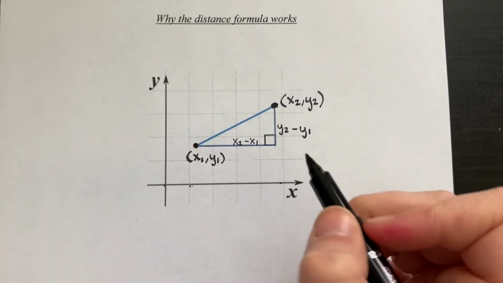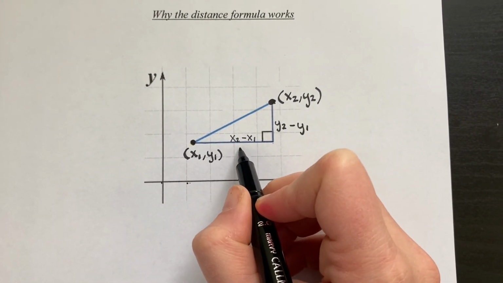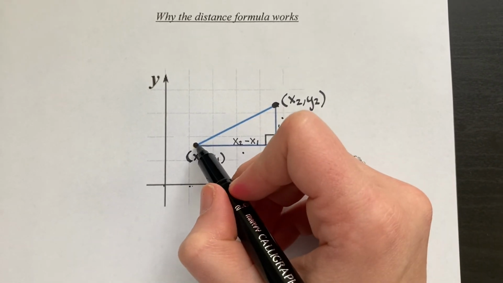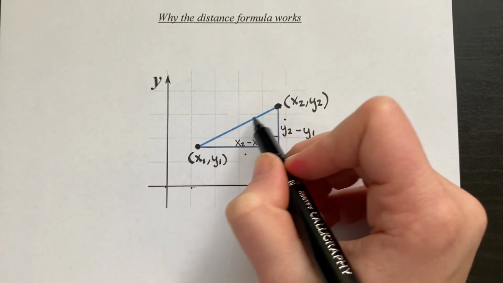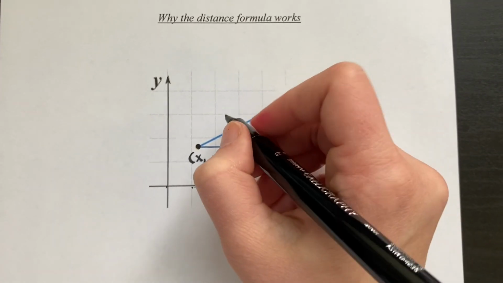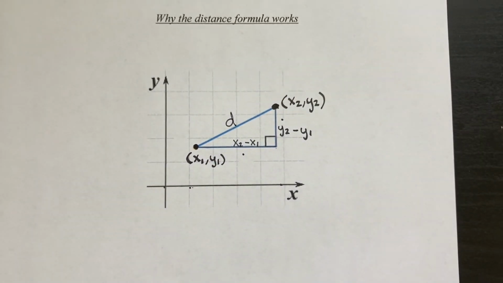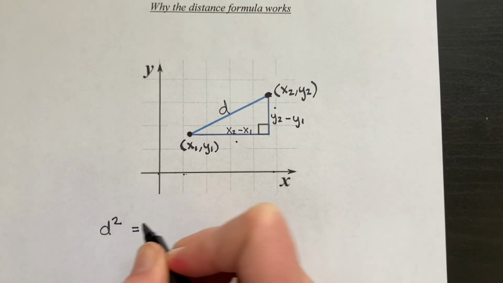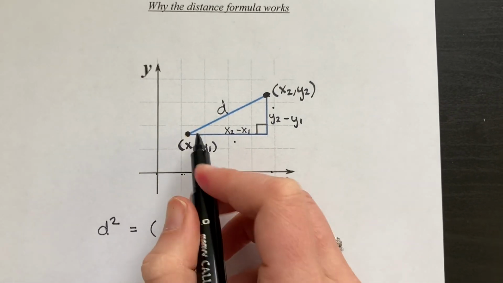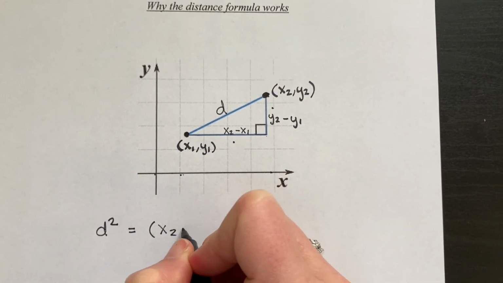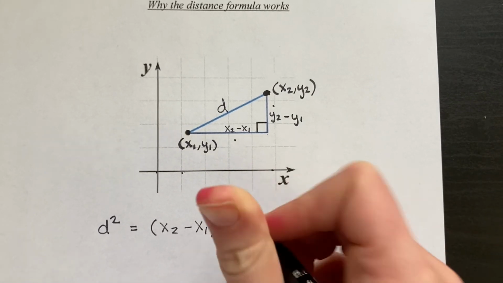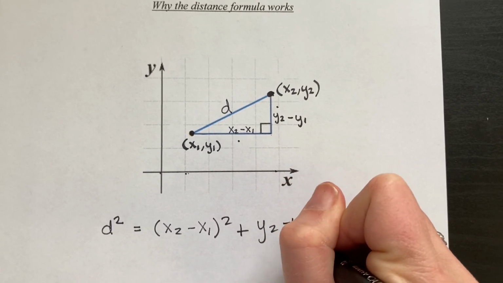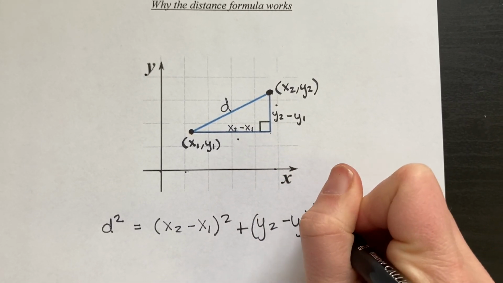Then from Pythagoras' theorem, we know that this side squared plus this side squared would equal this side squared. We want to find the formula just for this side. I'm going to call him distance, because that's what he is. So distance squared would equal this side squared, x2 minus x1 squared, plus this side squared, y2 minus y1 squared.